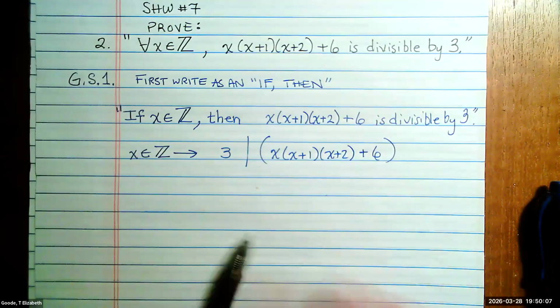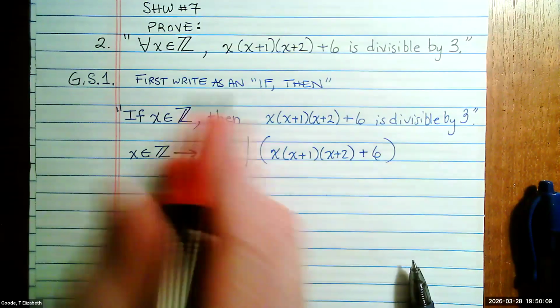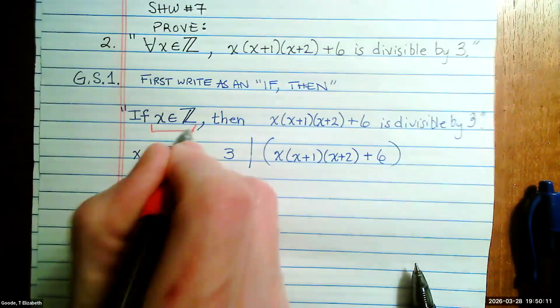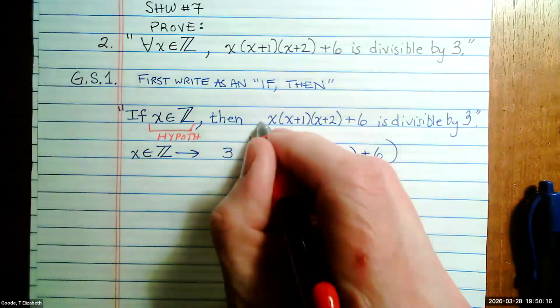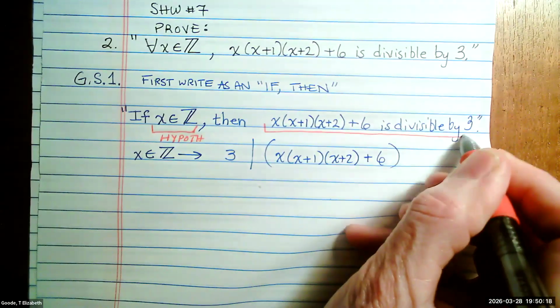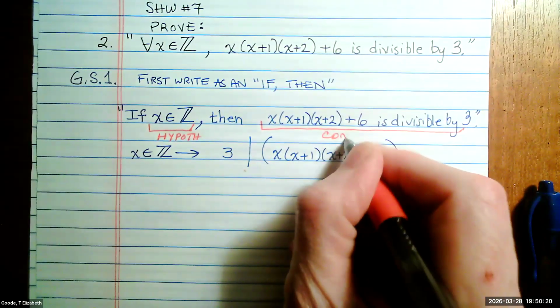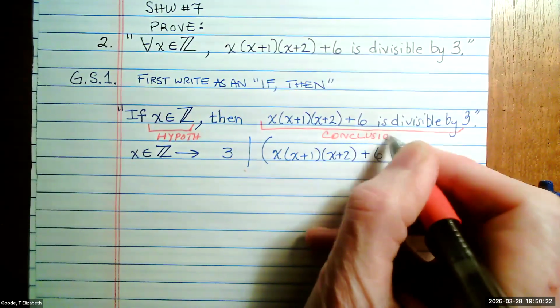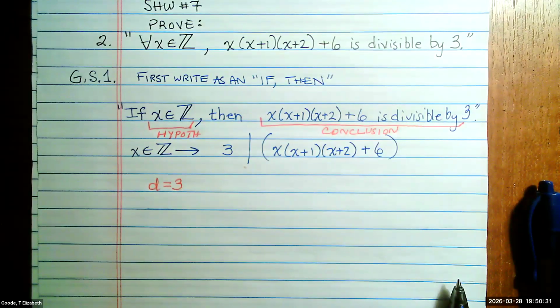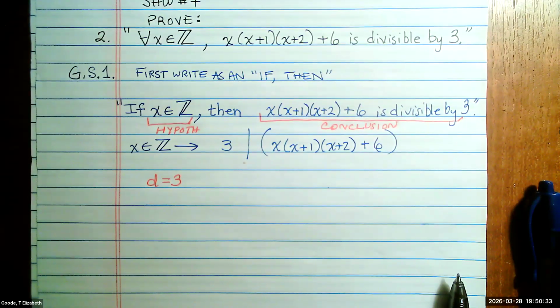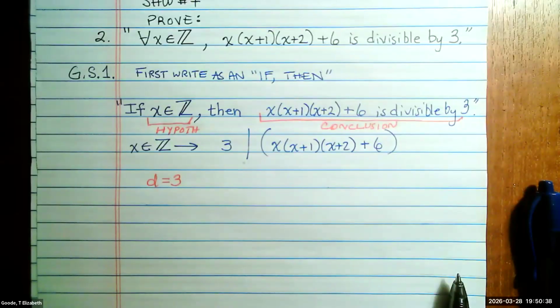Now we've got our hypothesis that x is just an integer, and this is our conclusion, which is our wish. And what's our divisor? Our divisor is 3. So how many cases will we have? Three cases. Do you know how to set the cases up?